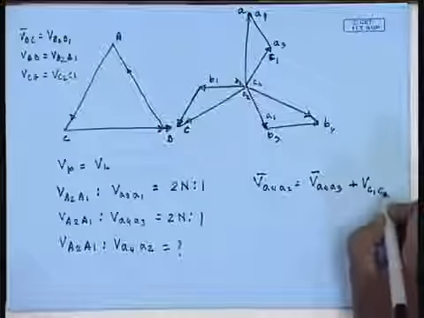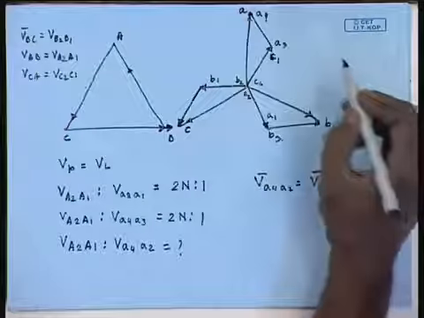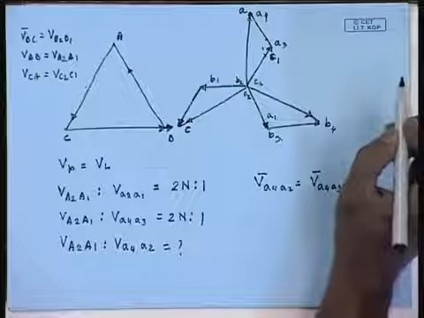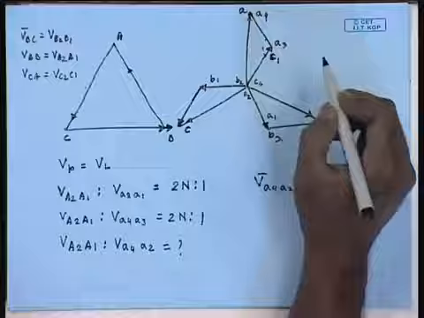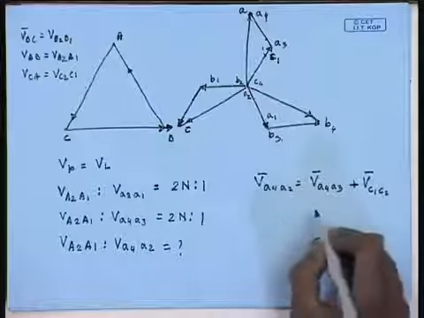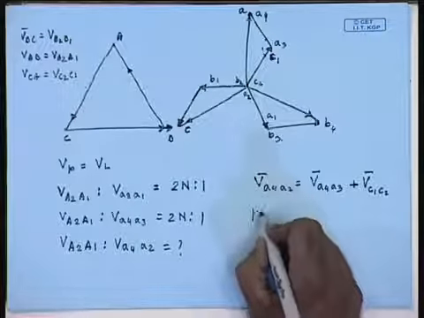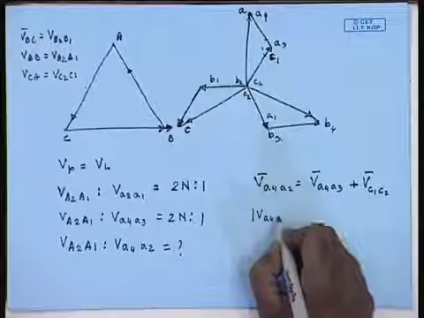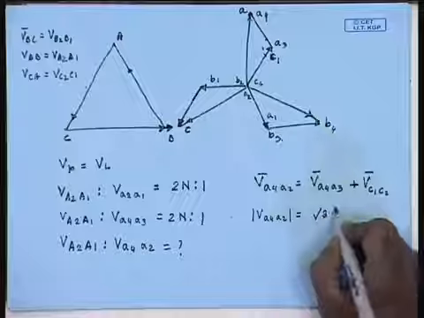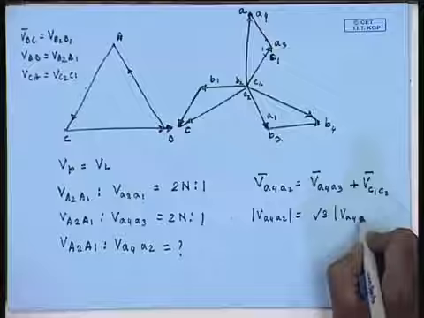V C1 C2, but the magnitude of V C1 C2 and V C3 C4 are same, and this angle is 120 degree. So, this amplitude is equal to, so mod V A4 A2 equal to root 3 times mod V A4 A3.